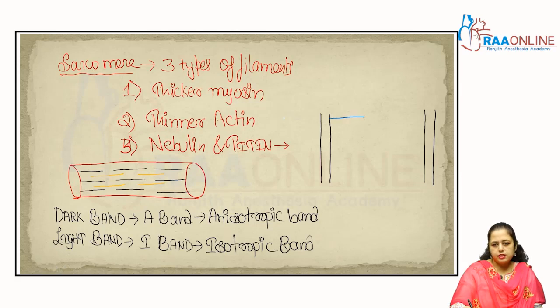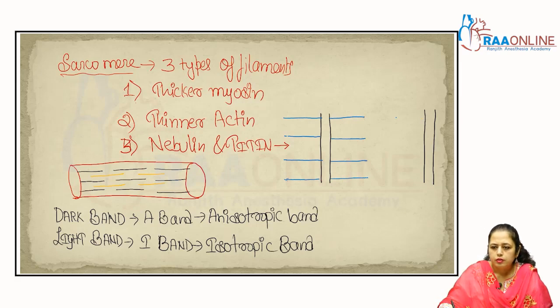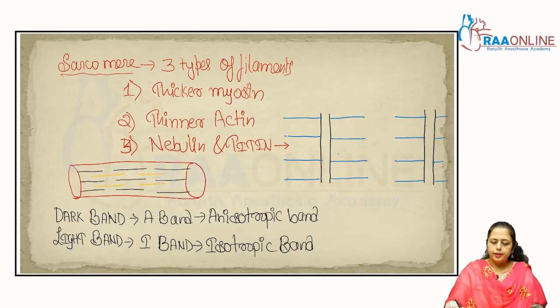These thin filaments are actin filaments, which are attached from both sides on the I band, right?